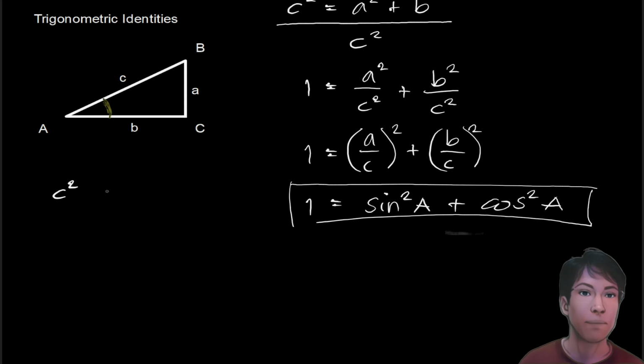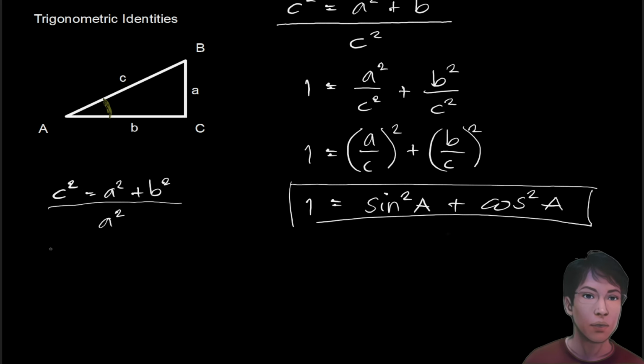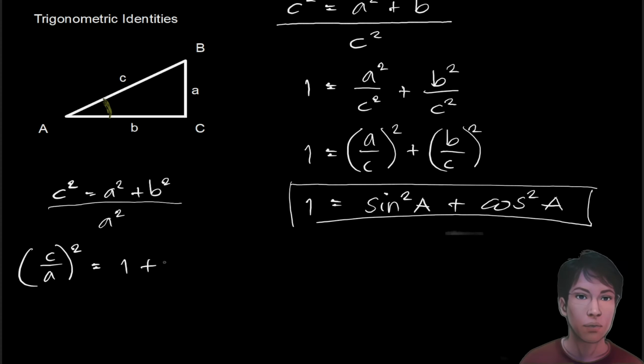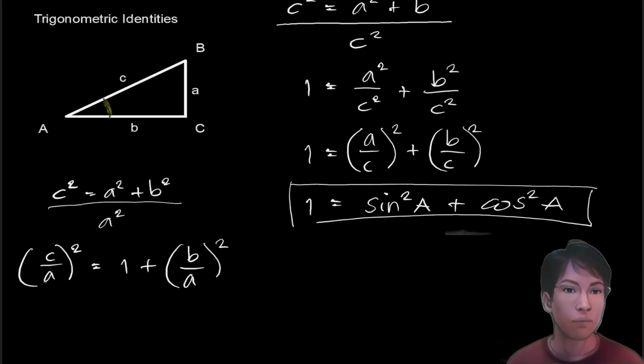So c squared equals a squared plus b squared, and dividing by a squared, this becomes (c over a) squared equals 1 plus (b over a) squared.